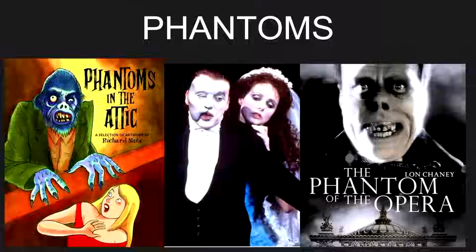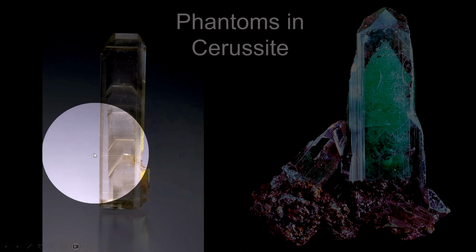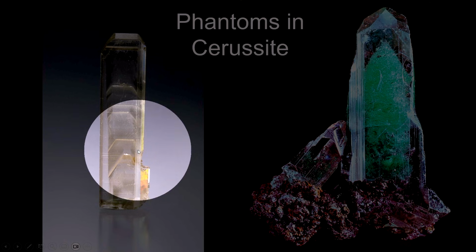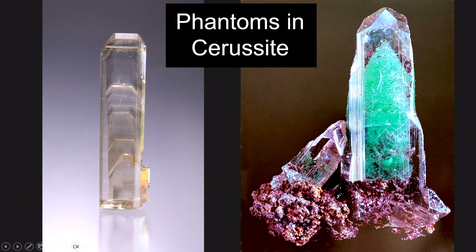So next we're going to be talking about phantoms, and don't worry, these are not the scary type of phantoms, these are nice phantoms. Here are two examples of phantoms. The crystal on the left is clear, but at various points the crystal had deposition of gray matter, and as a result of this, we see many different terminations that formed in the process of the crystallization of this prism of cerussite.